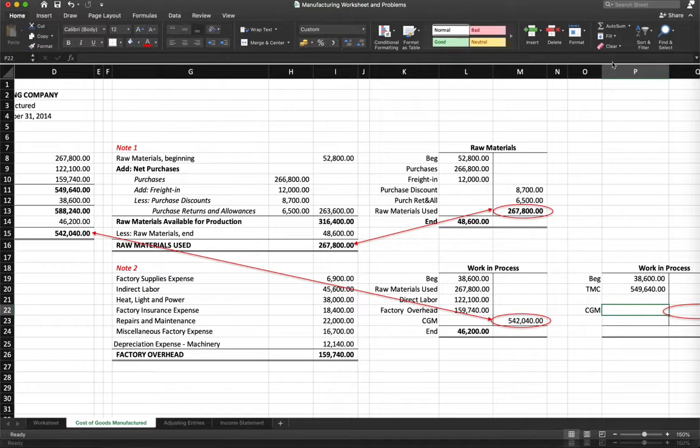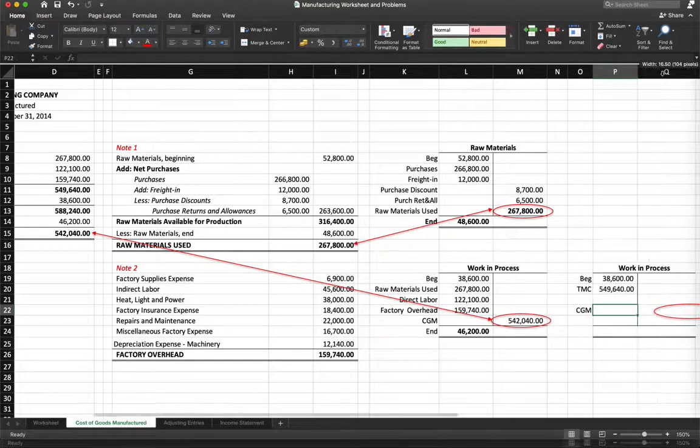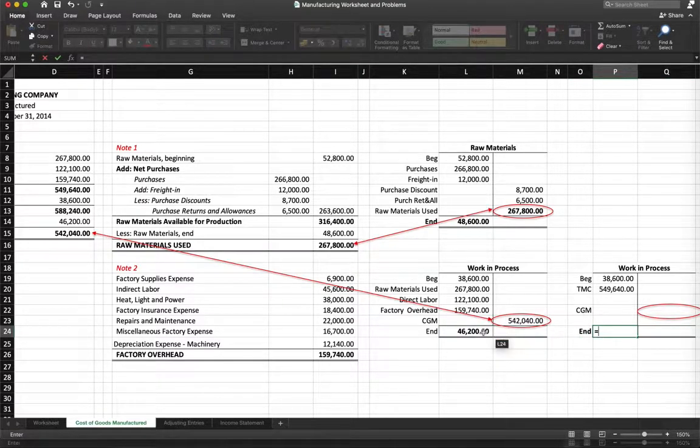And then, less cost of goods manufactured, you will get work in process and magkano yung ending balance? Ending balance is 46,200. Work back na natin. Less.